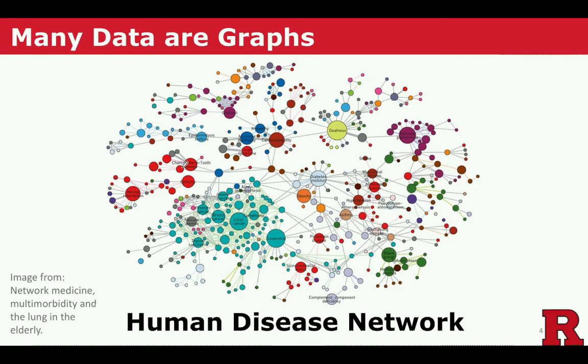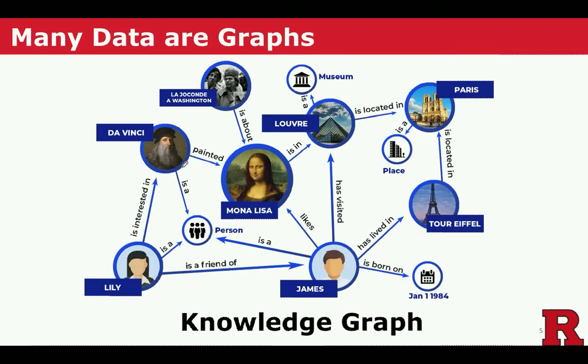You can also use graph to represent a human disease network. A knowledge graph, where nodes are the entities and edges are representing relationships between the entities. For example, here we have this painter and we have Mona Lisa and the relationship is painted.